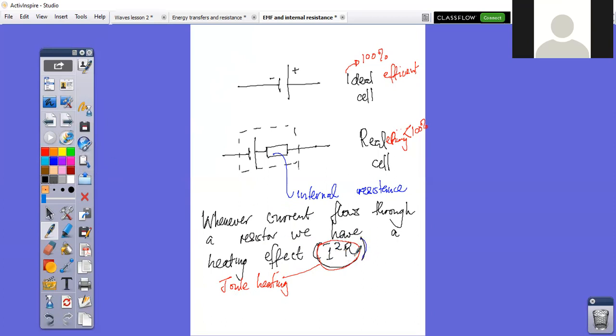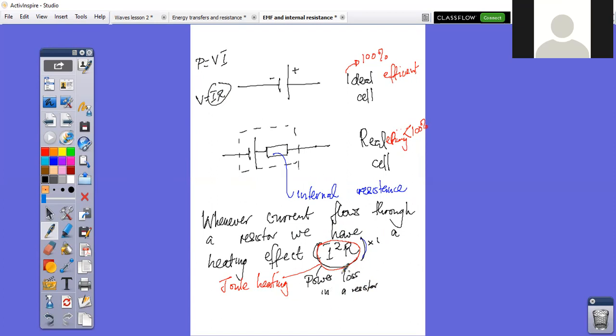You following so far? Now this simply comes from P equals VI, but because we know that V equals IR, we put IR in place of the V, and we get I squared R. To work out the total energy lost, you'd have to multiply this by time, because as it is, this just represents the power loss in a resistor.